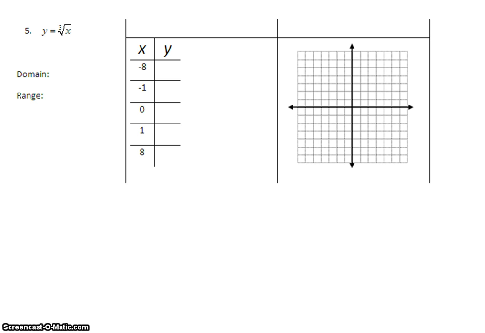All right, cube root. Now, you're just going to go backwards, and if you look at the table of values for y equals x cubed, it's just x's and y's switched around. And that's what's truly happening. They're called inverses of each other. My domain and range are going to again be the same.